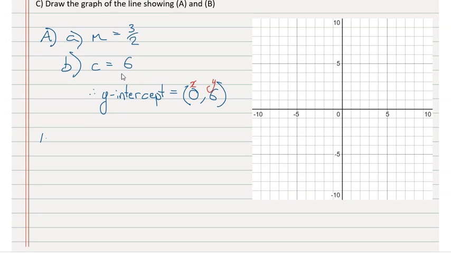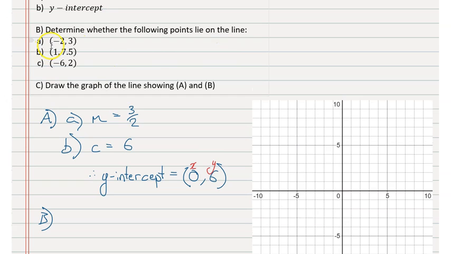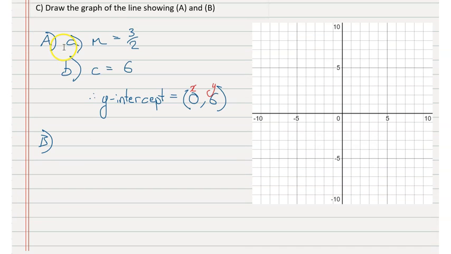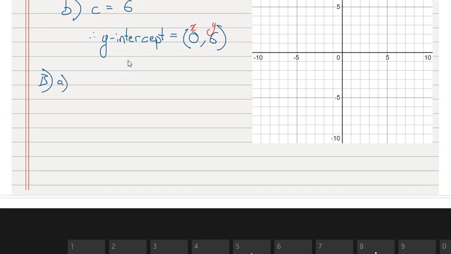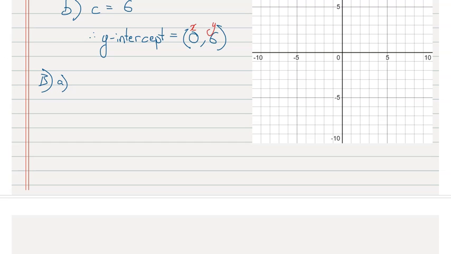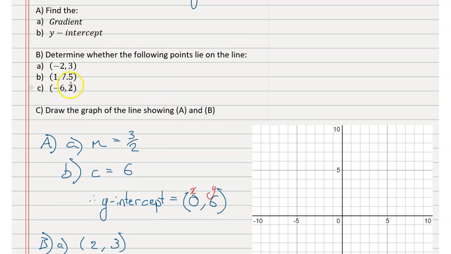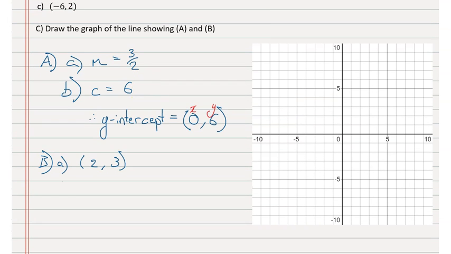So dropping down to B, it's asking you, does the point (-2, 3) lie on the line? So for A, the point is negative 2 and 3.